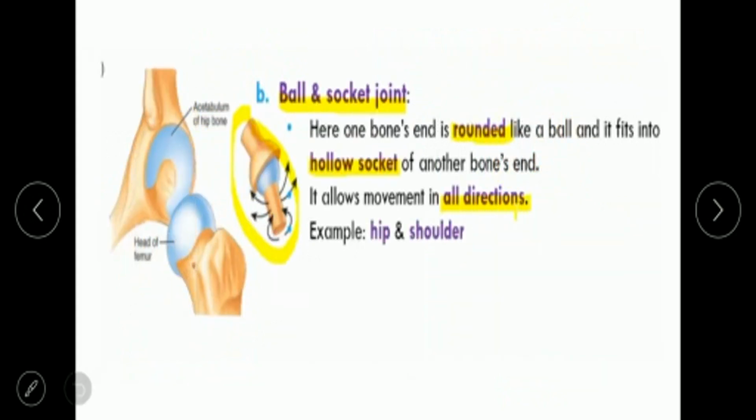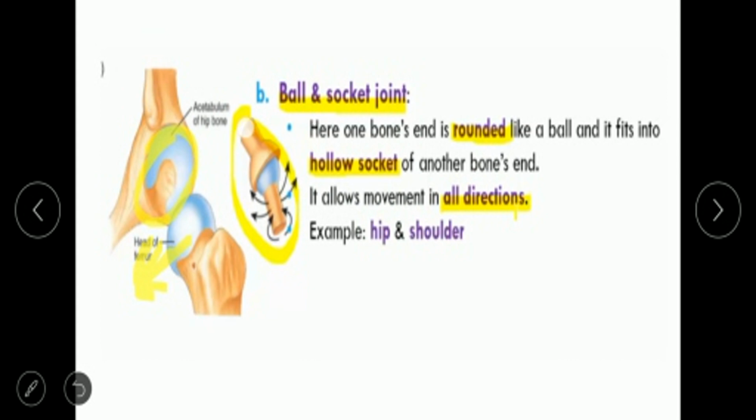After this, let us see the ball and socket joint. Here one bone's end is rounded like a ball, and it fits into the hollow socket of another bone's end. Here you can see this is completely empty, and this is a round bone which fits into it.